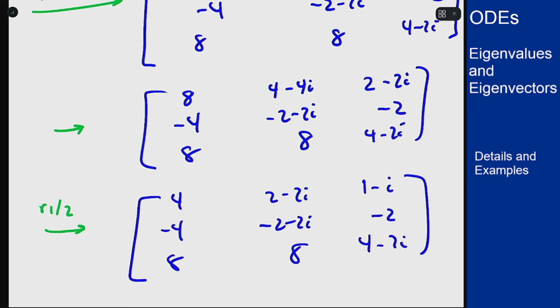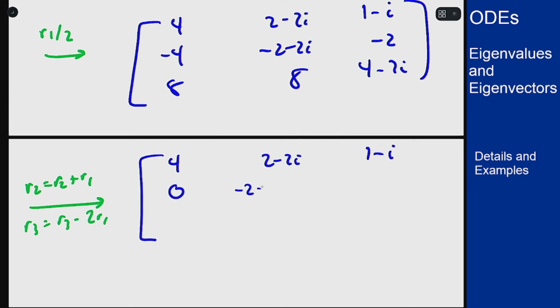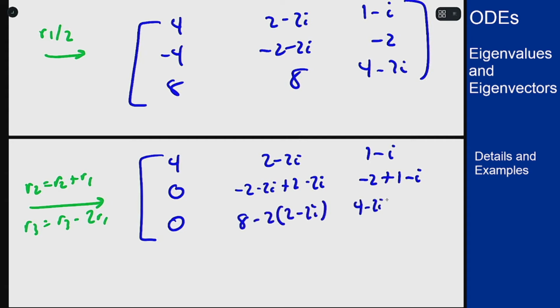And I can do row reduction. I can now cancel out that first entry in rows 2 and 3 using the 4 in the first row. So I want to do row 2 is row 2 plus row 1, and row 3 is row 3 minus 2 row 1, which gives me the same first row. 0, minus 2i plus 2 minus 2i, minus 2 plus 1 minus i, and then 0, 8 minus twice 2 minus 2i, and 4 minus 2i minus 2 times 1 minus i.